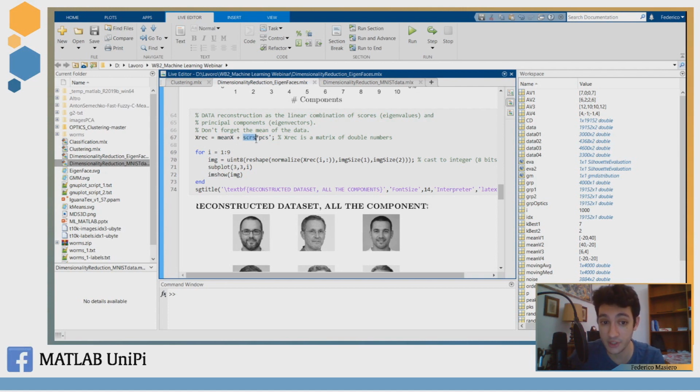I remind you that the scores are the projections of the data in the new subspace that we found with the principal components, and by multiplying them with the values of the principal components, we come back in the original space, since this corresponds to the eigenvectors of the new space, but expressed with the coordinates of the original space.